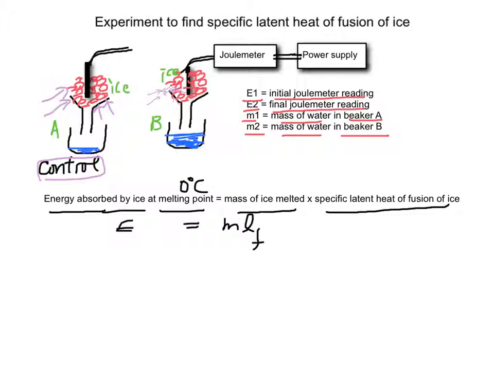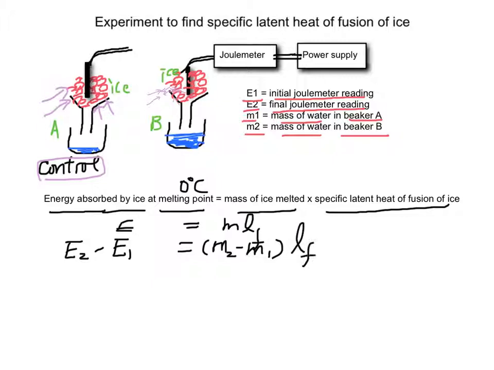The energy absorbed by ice, E, can be found by the energy released by the heater, which is the difference between the final joule meter reading and the initial joule meter reading. The mass of ice melted, M, is equal to M2 minus M1, which is the mass of ice melted by the heater alone.